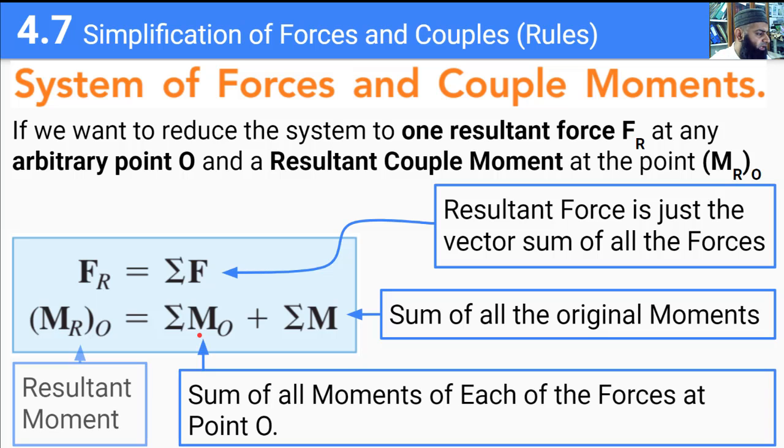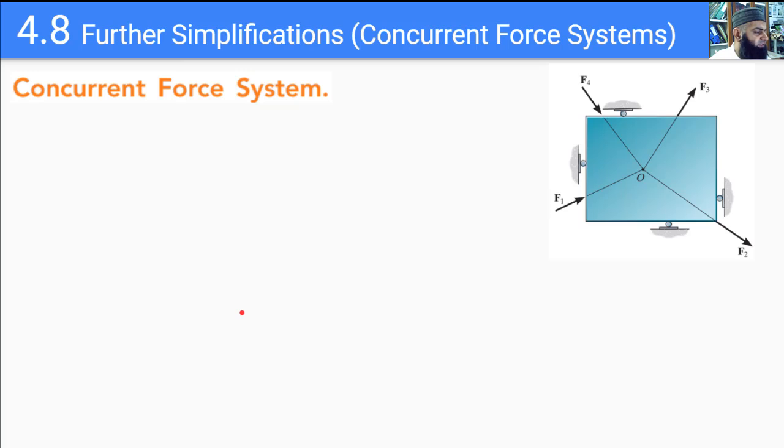Today we will continue that discussion, and we will see that sometimes we can simplify our system even further. Our first case for today is a system where the forces are concurrent. What does that mean? It means that the line of action of every force passes through a particular point.